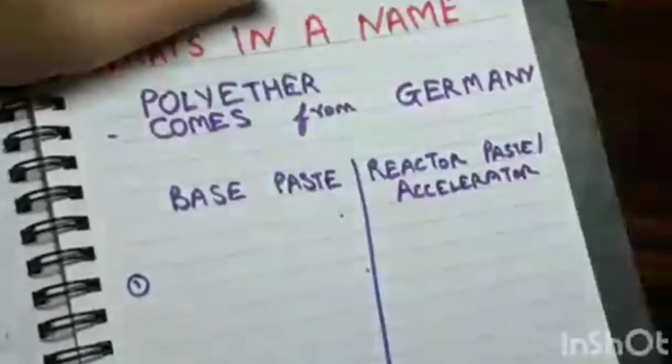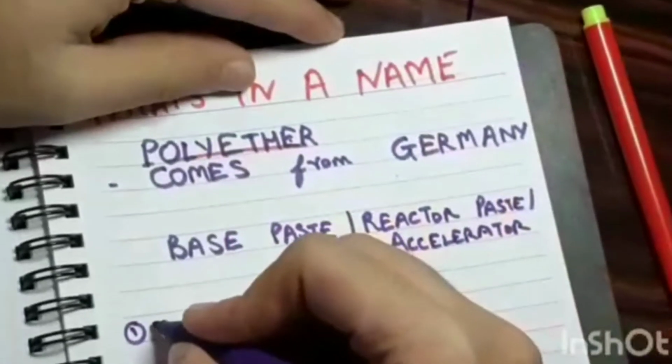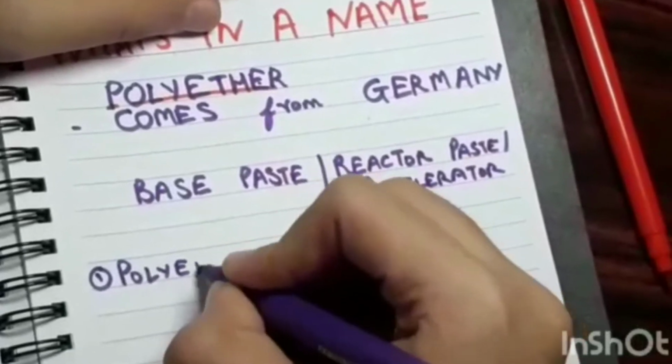So in base paste, the first ingredient is, we'll take the word polyether, and as it is a polymer, we write polyether polymer.